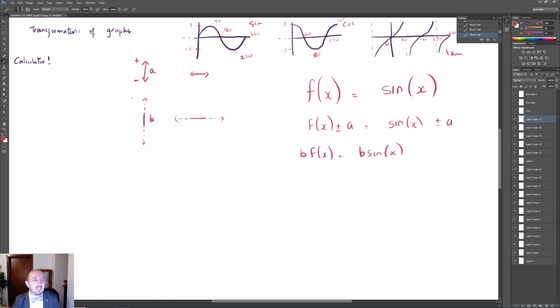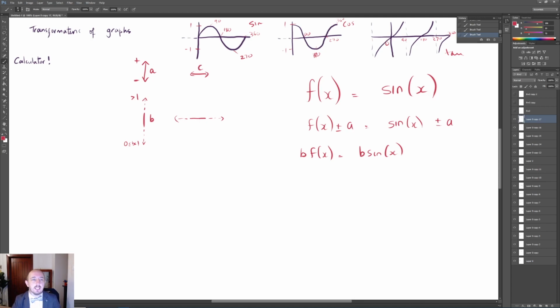So if b is a number greater than 1, like 1.5, 2, 2.5, 3, then it will stretch it in the y direction. And if it's a fraction, like between 0 and 1, it's going to be a squash in the y direction. So if you've got half f of x, it will be a squash in the y direction by a scale factor of 1/2.